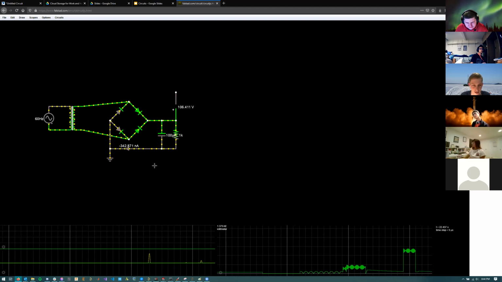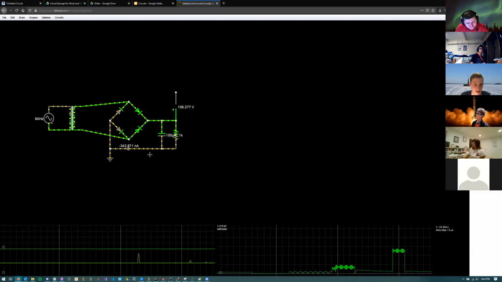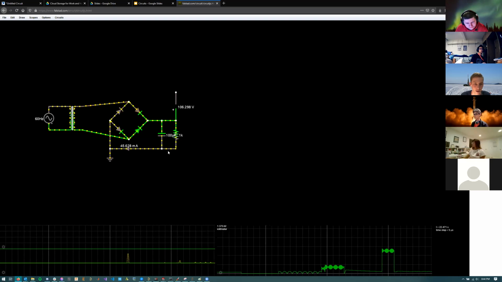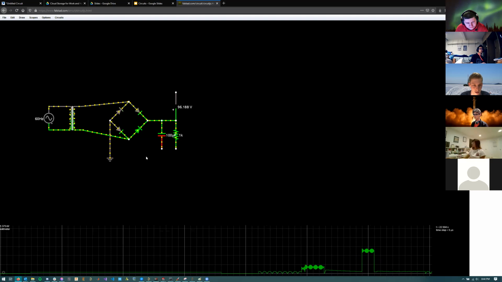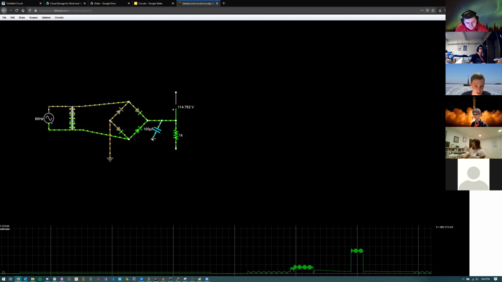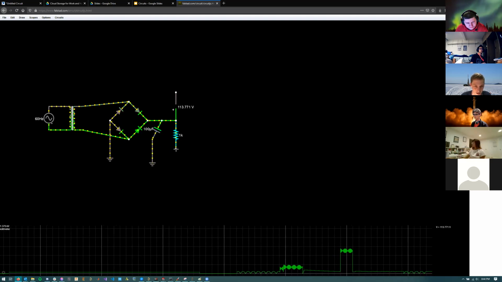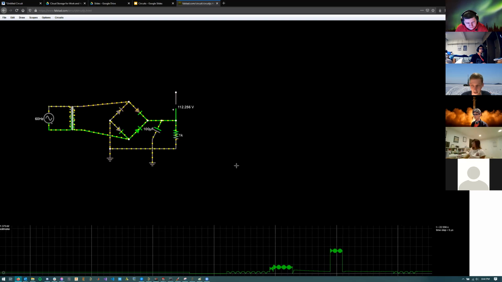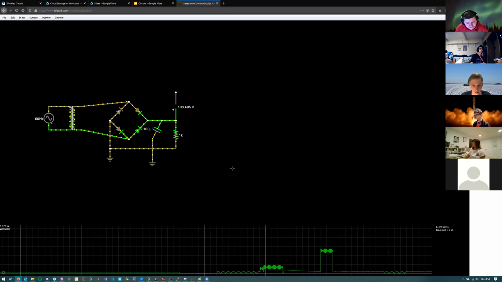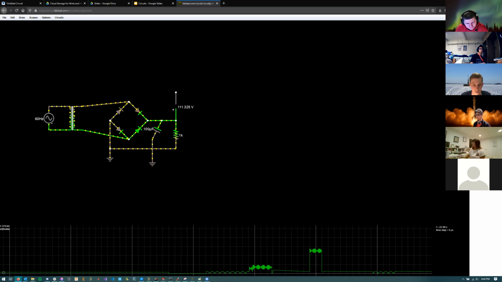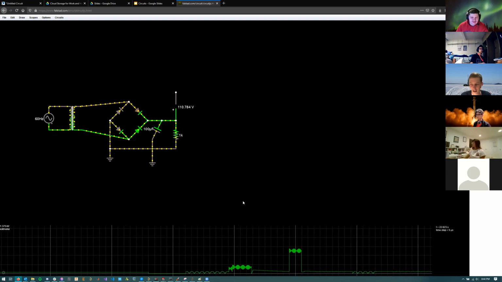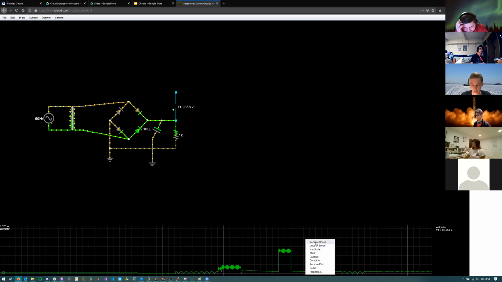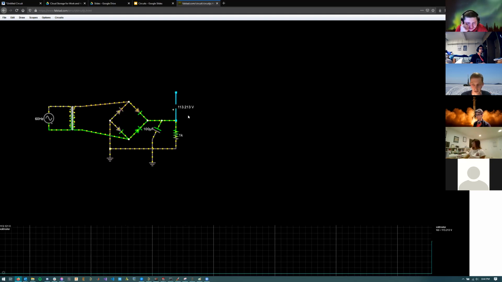Can anybody tell me what it's doing? Oh, I see. Let's do this. This needs to go to ground, and this can go wire. Your graph will update once it gets off the end. Scope, view and scope. Ah, there we go.